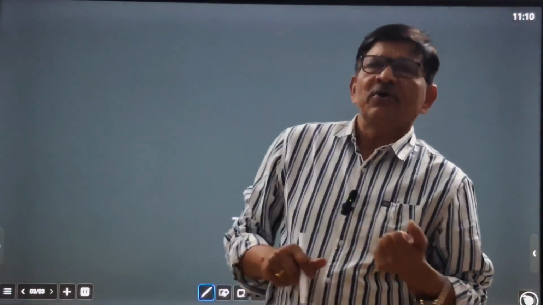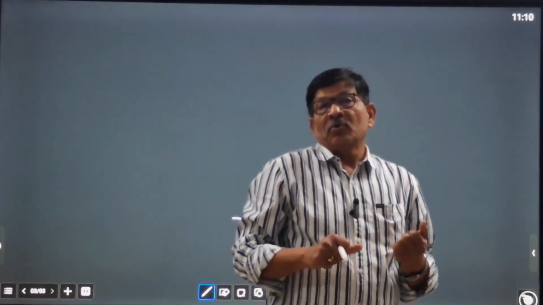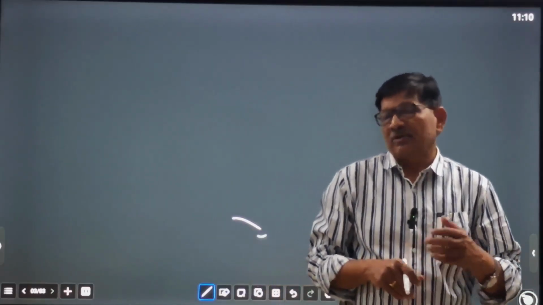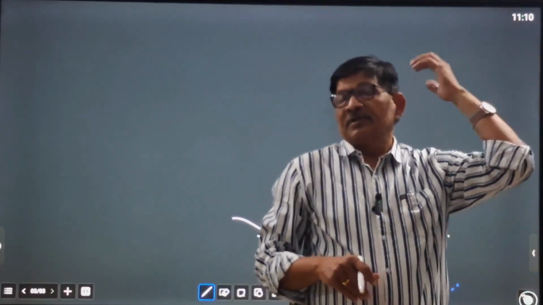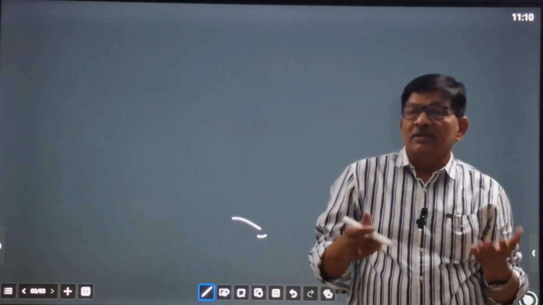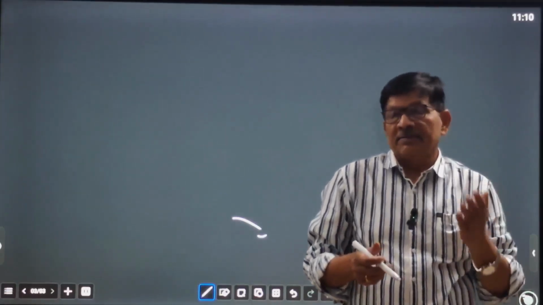So why is this important? First of all, why are we going to study it? Because anywhere you want to install a solar thermal power plant, let's say a solar collector or power generation based on concentrating collectors, first we have to study the location and the availability of sun radiation.